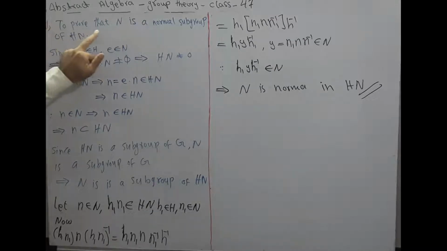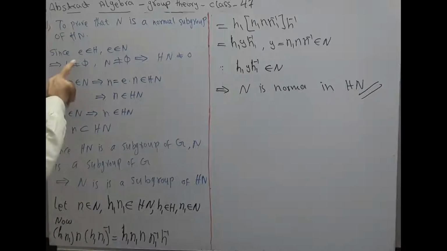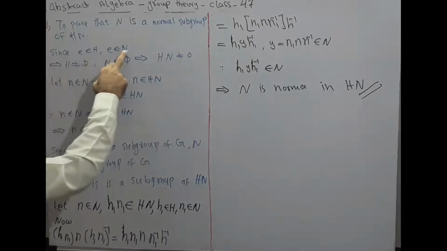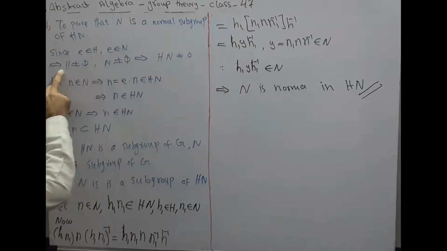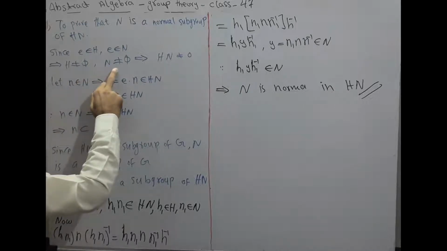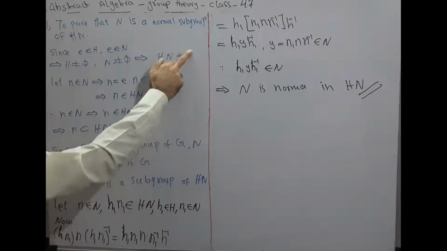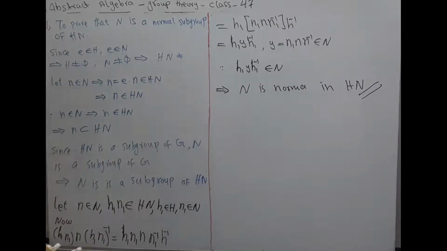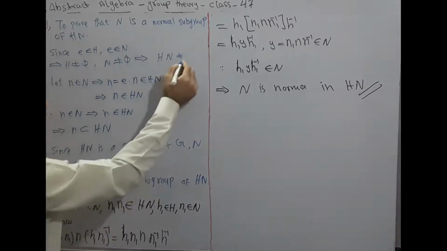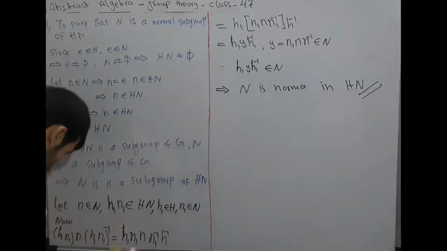Number 2, to prove that N is a normal subgroup of HN. Since e belongs to H, we know that e also belongs to HN. This implies H is not an empty set. Also N is not an empty set. This implies HN is also not an empty set.